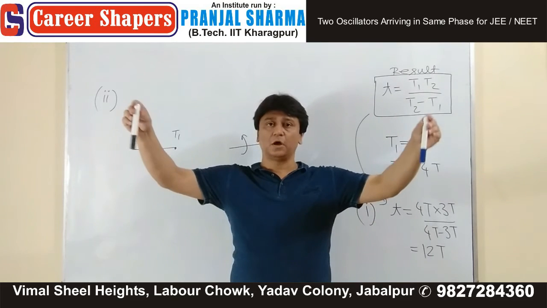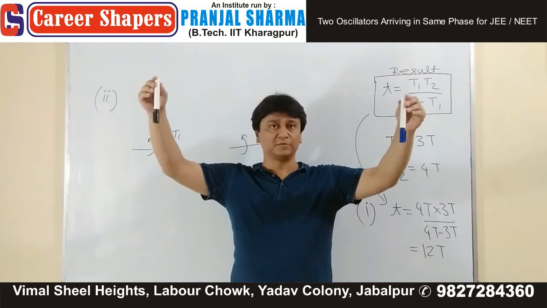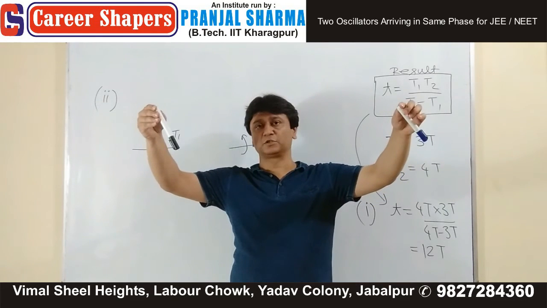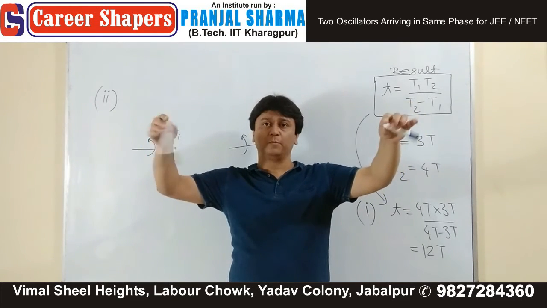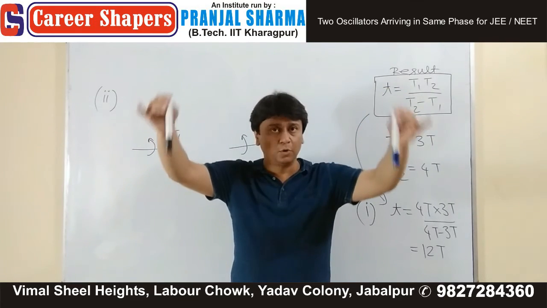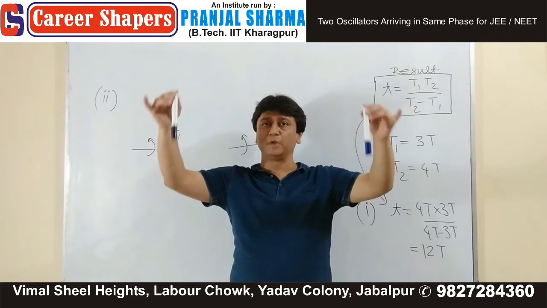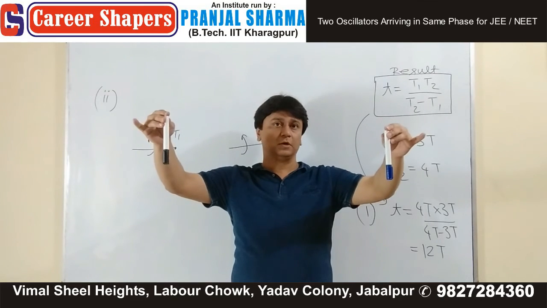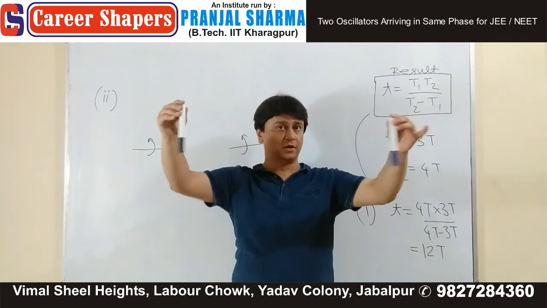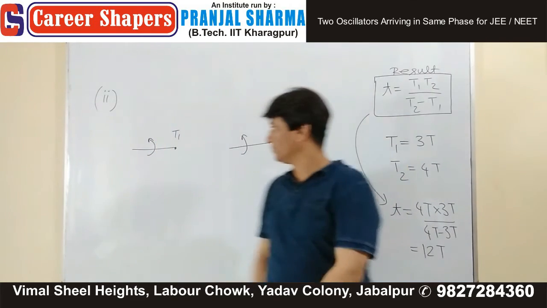So there are two oscillators, they start from same mean position, they start oscillating, one is slow, the other one is fast, but the question is after what time you will find that they both simultaneously arrive at their mean positions.